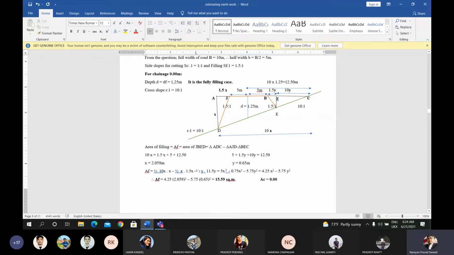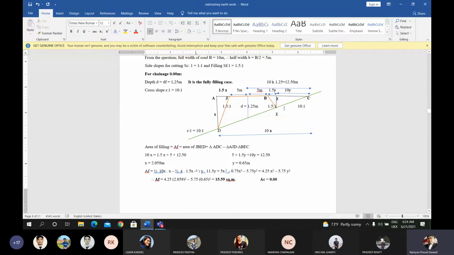So y into 10, this value will be 10y. You can mention these values according to the slope of the triangle, and you will get the horizontal distance accordingly.